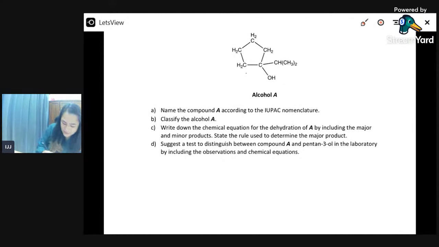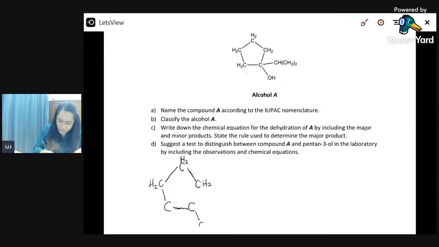When you draw your structure, I usually ask my students to draw the expanded structure. Later I will explain what the adjacent carbon is. The adjacent carbons are the carbons that are directly attached to your OH carbon.